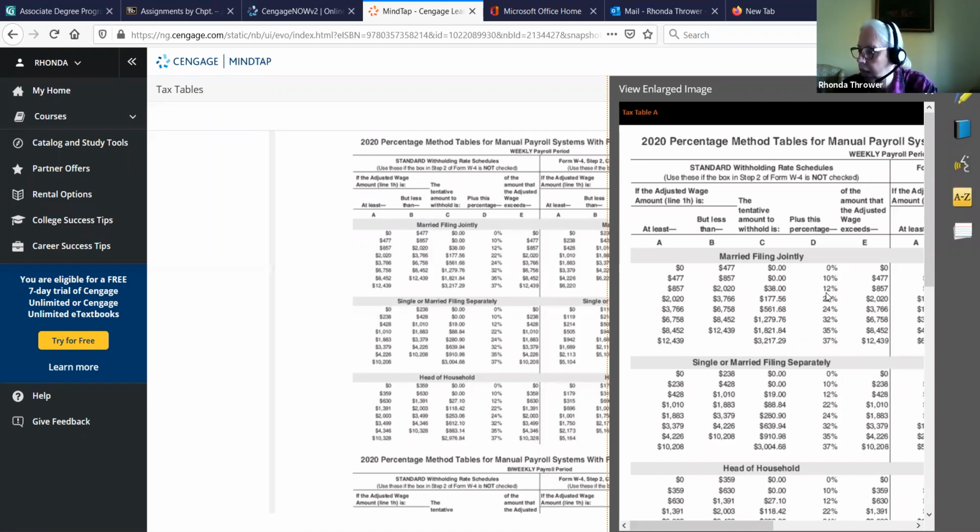So $718 was the difference between the amount of the wages and your table amount, the amount of the adjusted wage that it exceeds. So again, the amount that we are paid is $1,575.